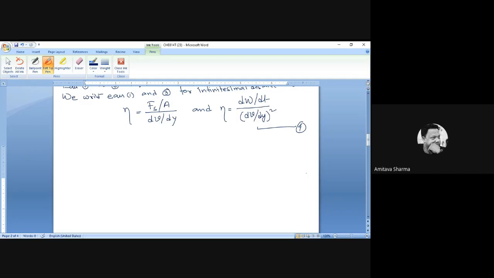So now we are coming to the viscosity of a dilute solution involving spherical solute. I'm going step by step.